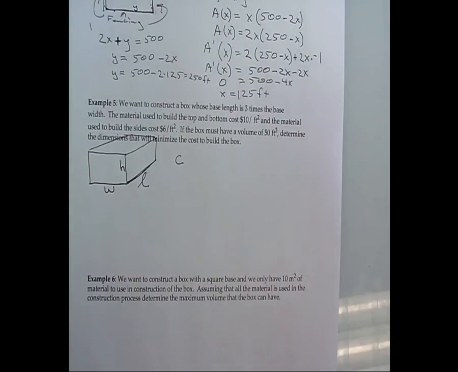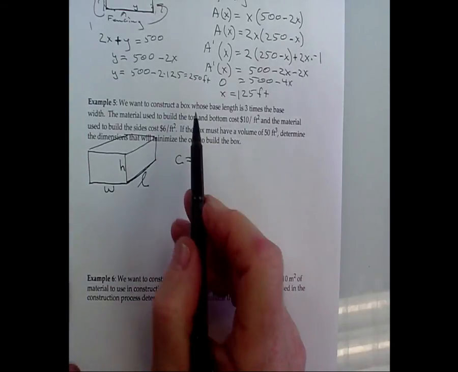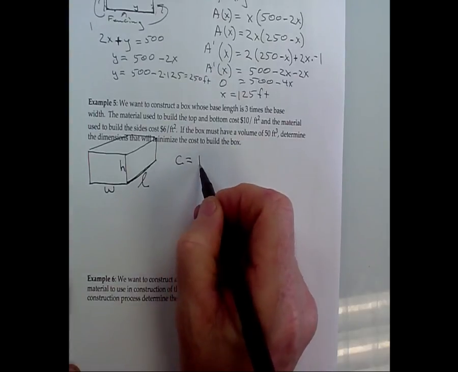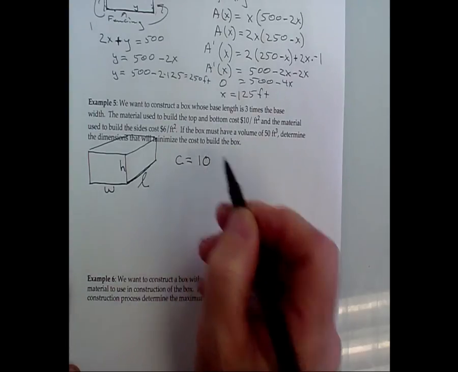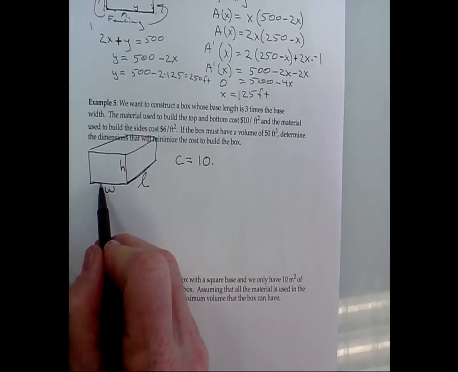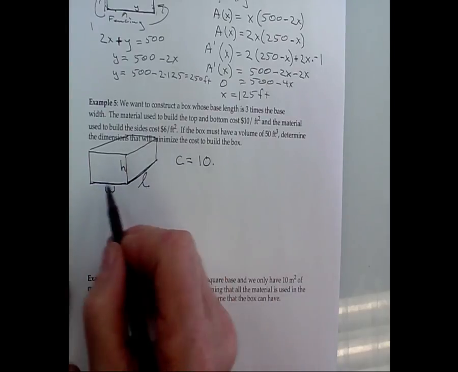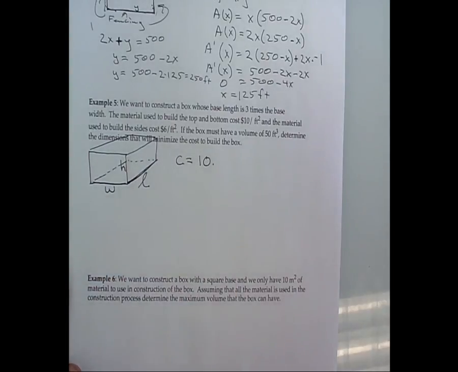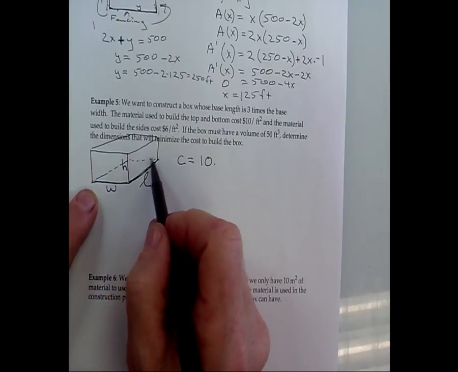Does that make sense? So I first figure out my primary function. I'm going to call it C here. And now I have to create it. And it says this: the material used to build the top and the bottom costs $10 per square foot. Isn't that what you said, Alexis? So it's times. Well, here's the bottom. Would you agree with that? So this is, how many square feet is this bottom?